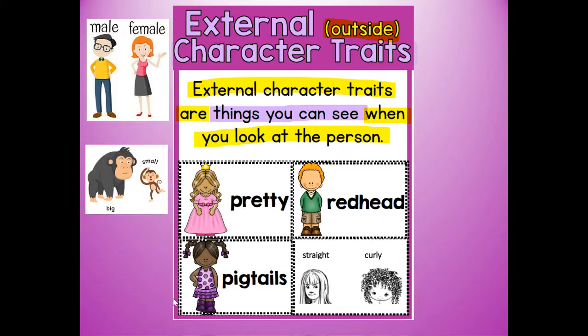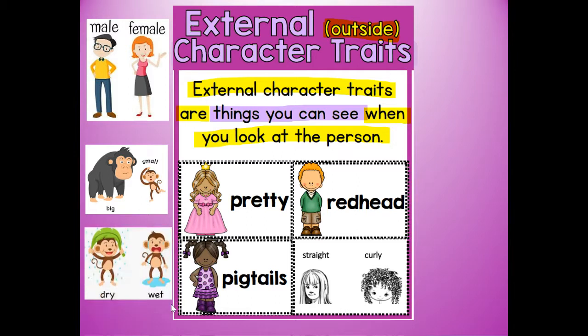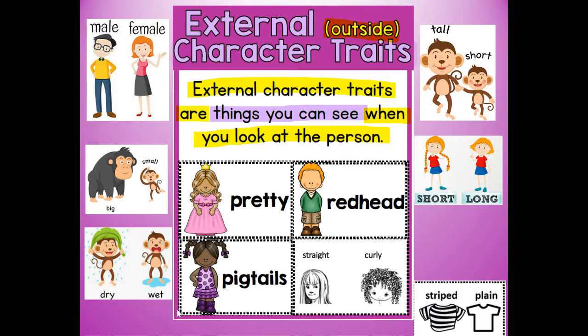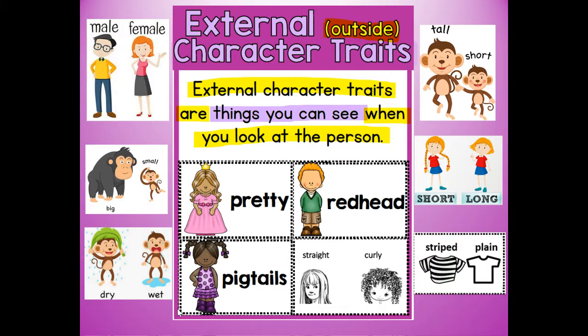That ape is big. That monkey is small. That monkey is dry, but that monkey is wet. That monkey is tall, but that monkey is short. And that girl has long hair. For some reason, it says short. And then the other girl has short hair. And that person was wearing a striped shirt, whereas the other person was wearing a plain shirt. So, what they look like on the outside.